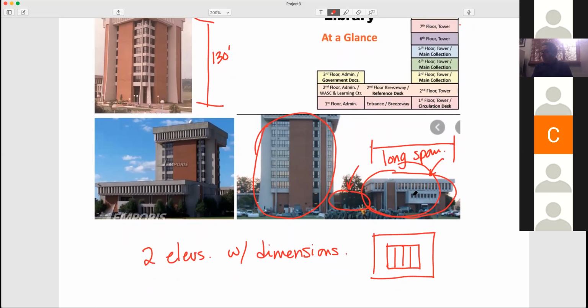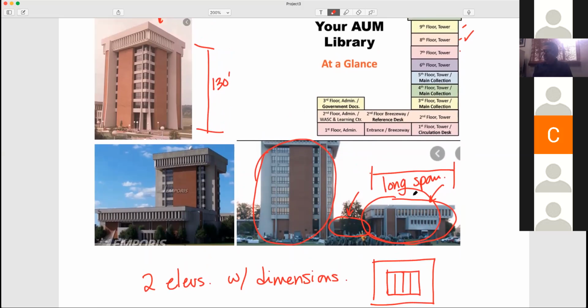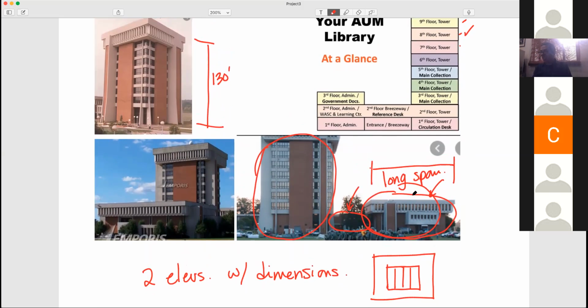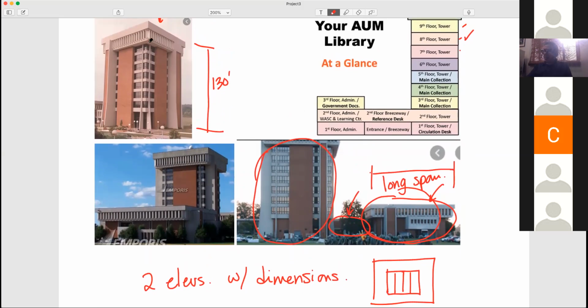The only caveat, the only thing that I cannot do, is just copy the structural system and the lateral system that I see here. I'm going to say that I want the outside of the building to look like this, but that doesn't mean that's a shear wall.